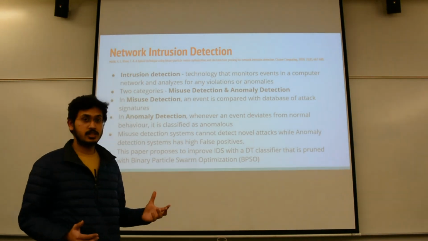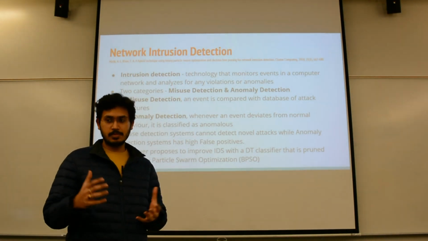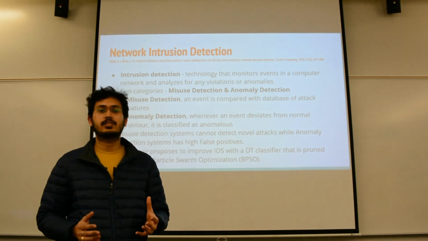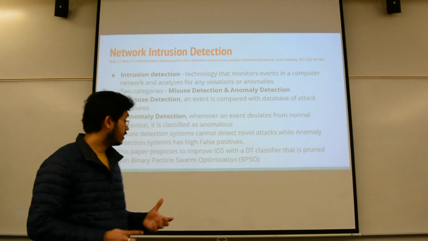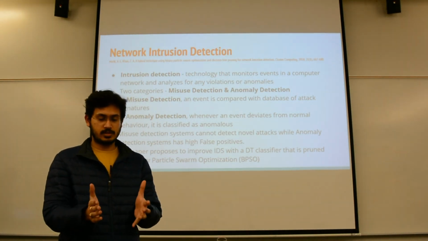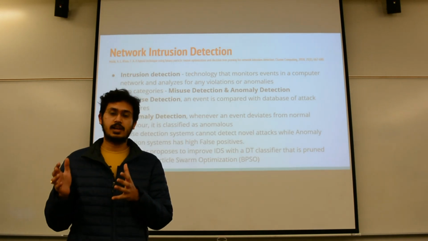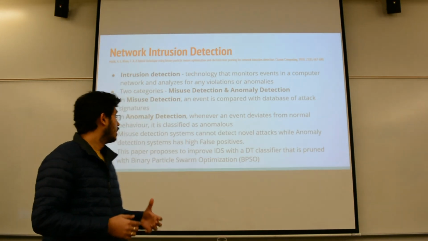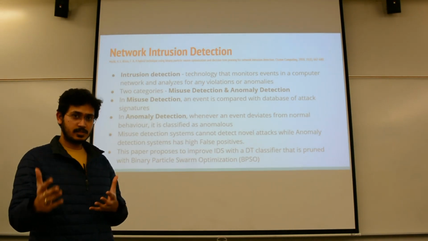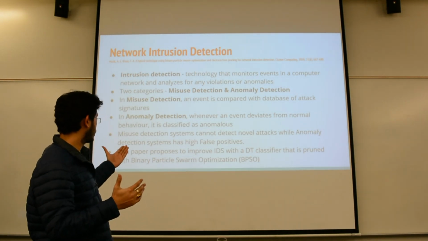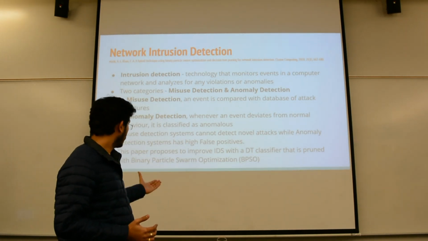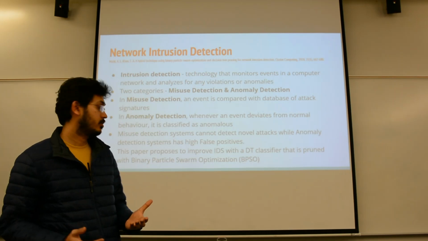In misuse detection, we compare an event with a large database of past attack signatures, and in anomaly detection, there is a clear boundary between what is normal behavior and what is anomalous behavior. Both of these systems have their disadvantages. Misuse detection systems cannot detect novel attacks, while anomaly detection systems have a high false positive rate.